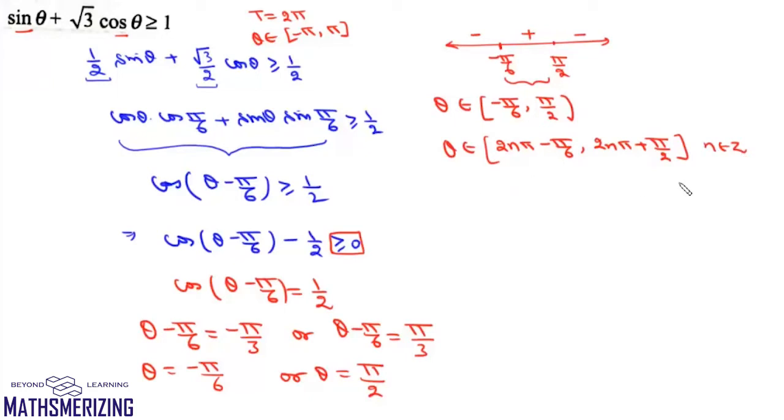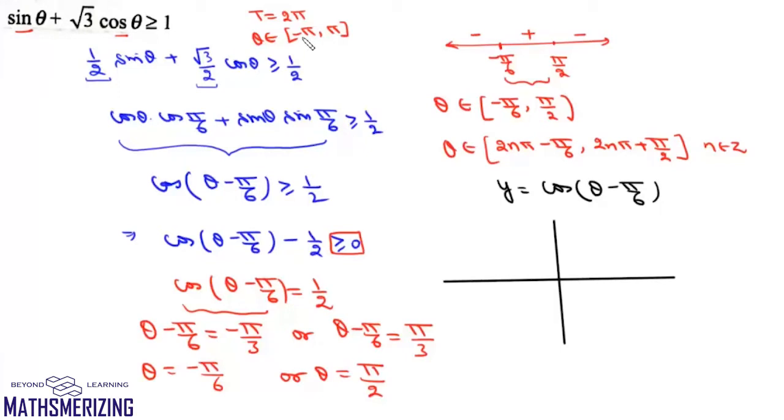Now we'll solve this question using a graph. So we'll draw the graph of y equals cos of theta minus pi by 6. Now for that we'll draw the graph of cos theta first from minus pi to plus pi.